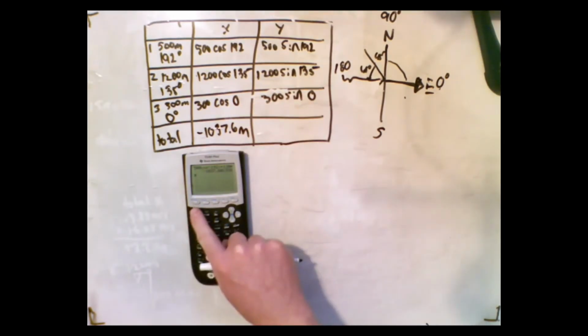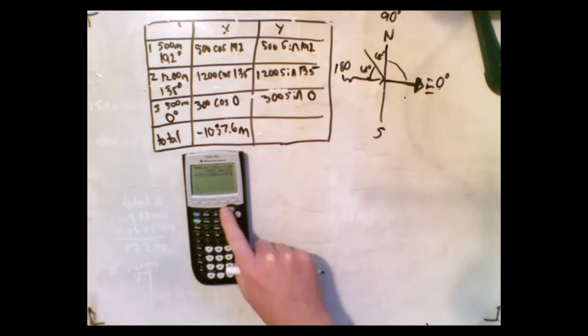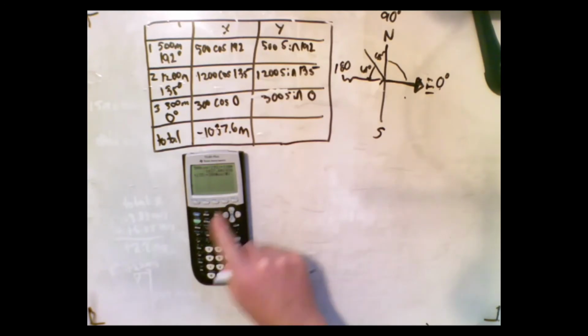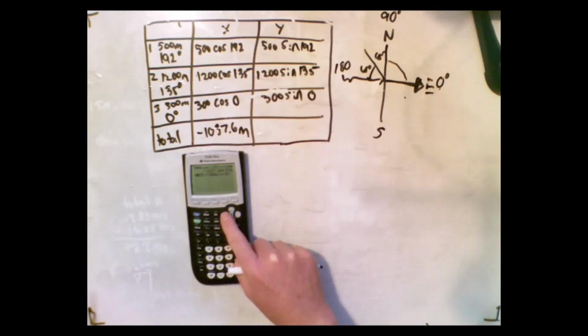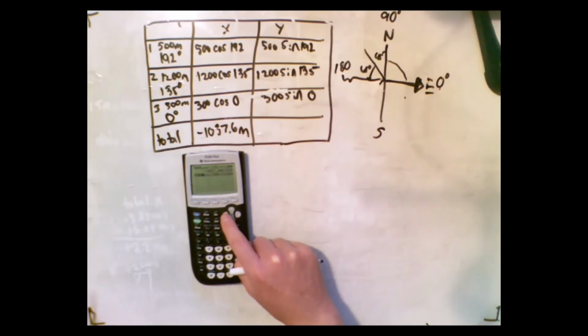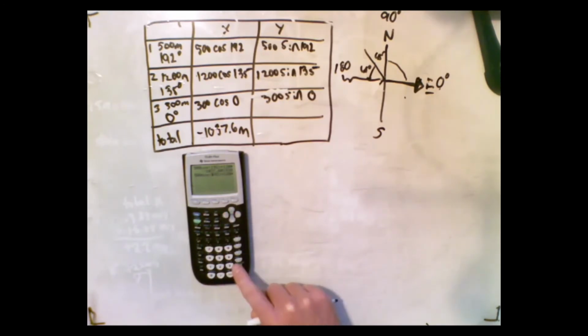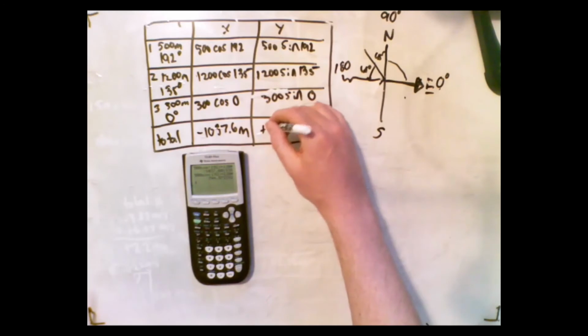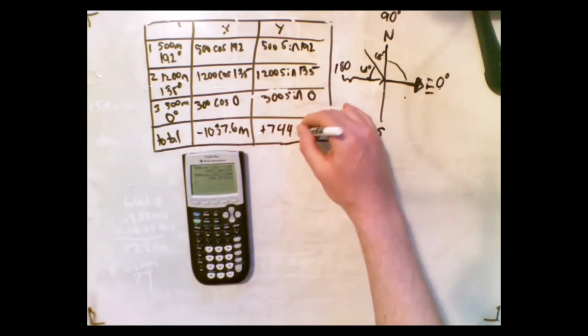And then with that little trick, I push second enter, and I switch all of my coses to sines, cos to sine, and cos to sine, and I get positive 744.57 meters.